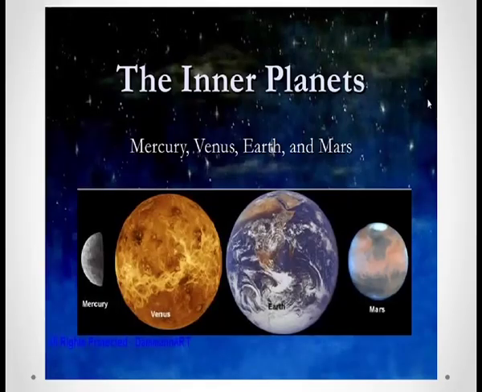So, this is how the 8 planets are classified as inner planets and outer planets. These are the inner planets: Mercury, Venus, Earth, Mars.